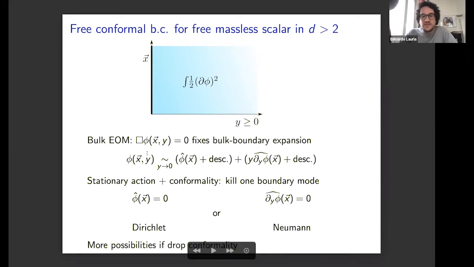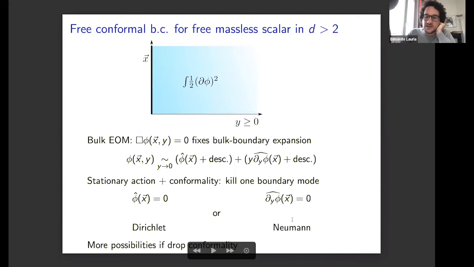And now the stationarity of the action, so imposing that the action is stationary, will kill one of the two modes. And in particular, at the end, you are left with either the Dirichlet boundary condition or the Neumann boundary condition. The Dirichlet boundary condition is just the statement that when you push phi to the boundary, phi evaluated at the boundary itself is 0, while the derivative of phi evaluated at the boundary is a dynamical field.